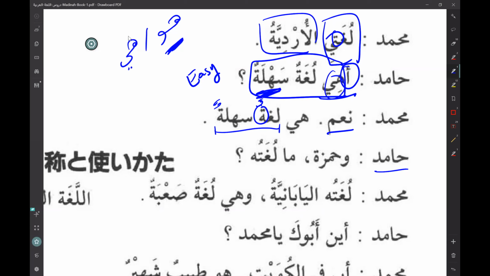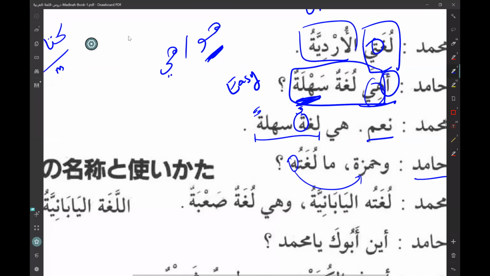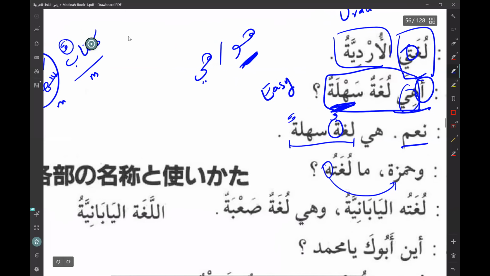So first he's using the name and then he's using this pronoun to refer back to him. We could have said, what is Hamza's language? Now, if we want to say what is Hamza's language, how would you say that? We kind of know how to say that in Arabic as well. Anybody can guess? Ma, what?